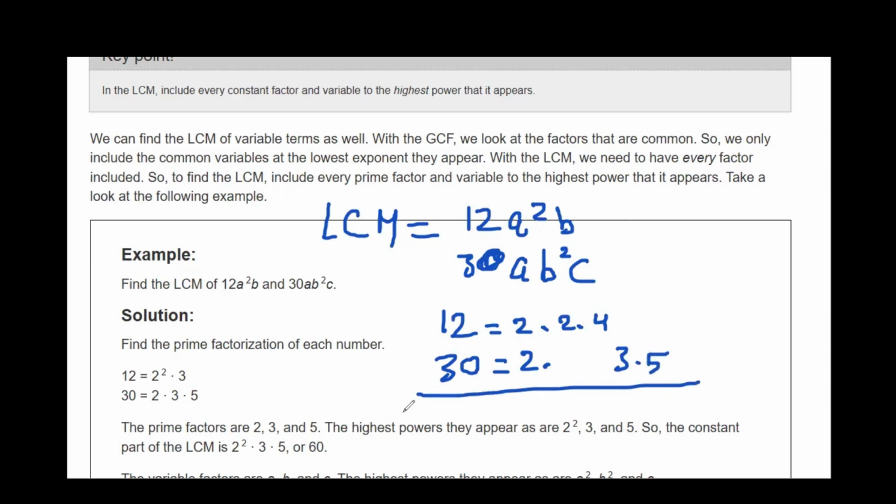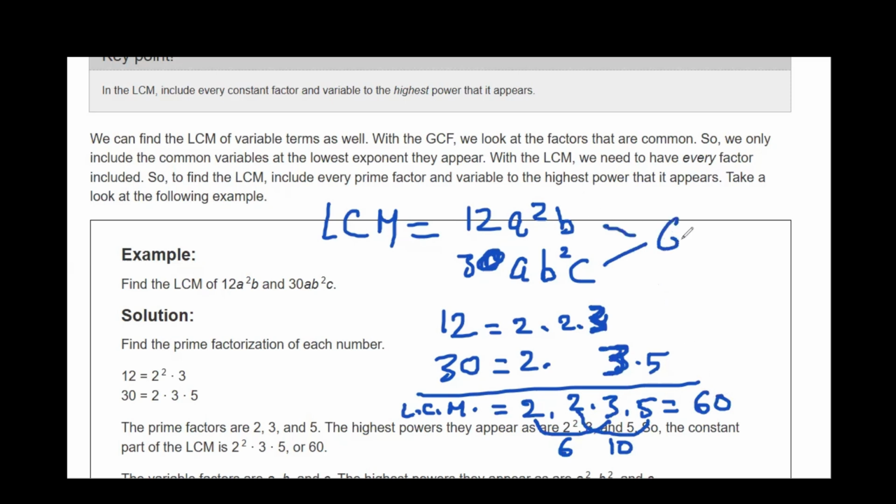Least common multiple is 2 multiply this, 2 multiply this, this 3 is here, and times 5. 2 times 5 is 10, and 2 times 3 is 6. 6 times 10 is 60, okay?